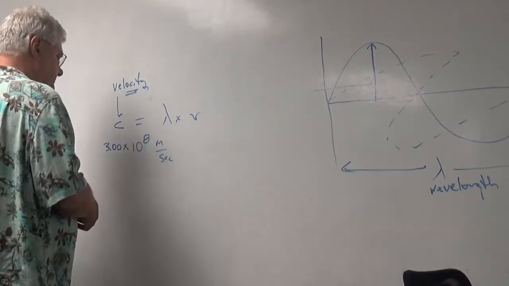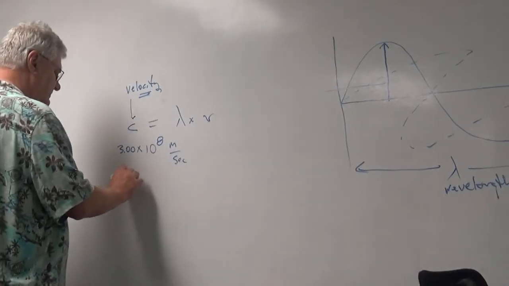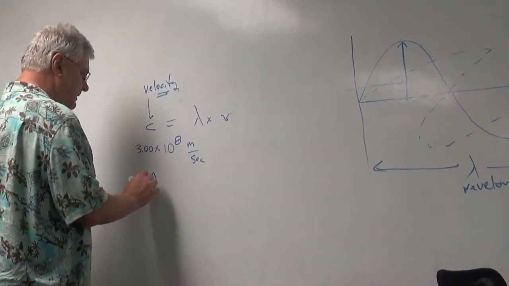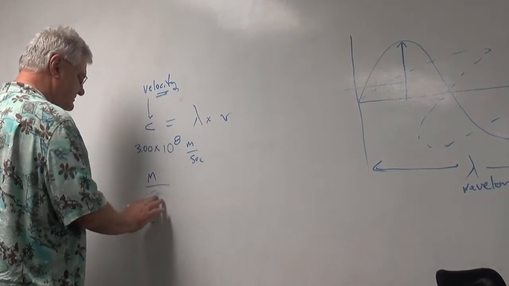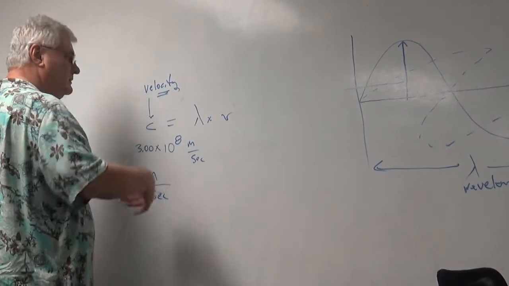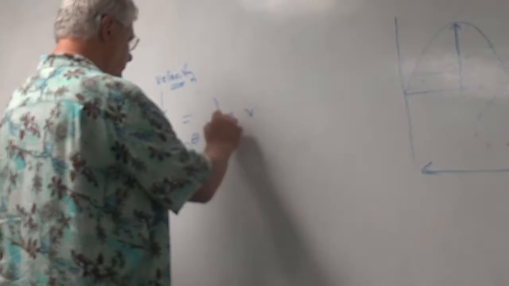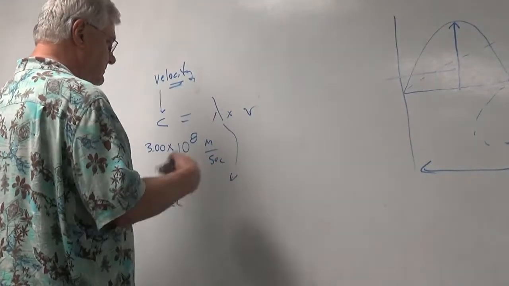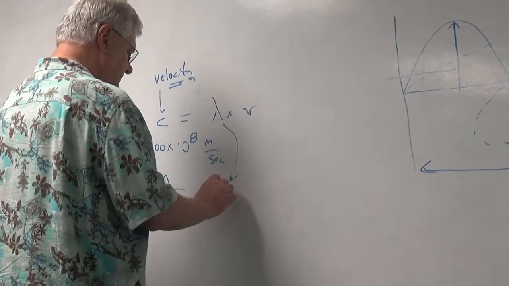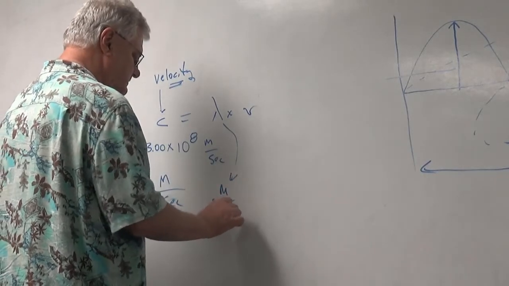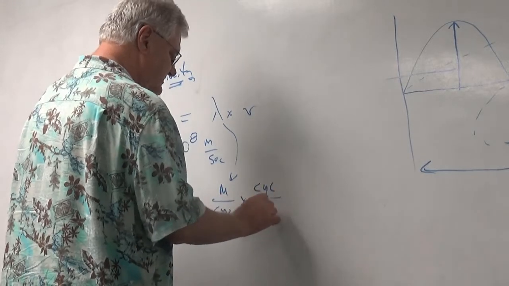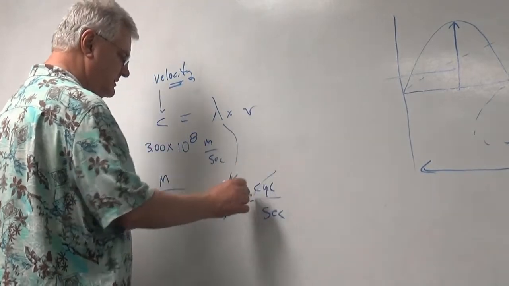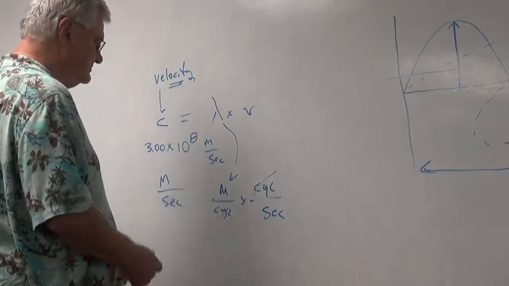So if we have the velocity in meters per second, then the wavelength, lambda, has to be in meters per cycle, and the frequency is cycles per second.